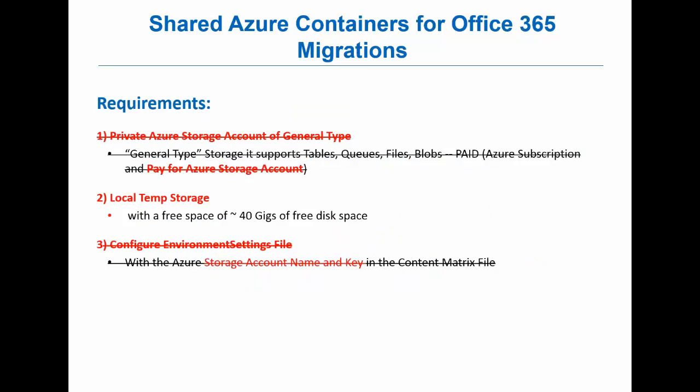As you can see, I've listed all the requirements of a private Azure storage here. If you want to leverage a private Azure storage, you're going to have an Azure storage account of general type. You're going to have a local temp storage, which is a folder on your machine that runs Content Matrix. And you're also going to configure the storage connection string into the environment settings file.